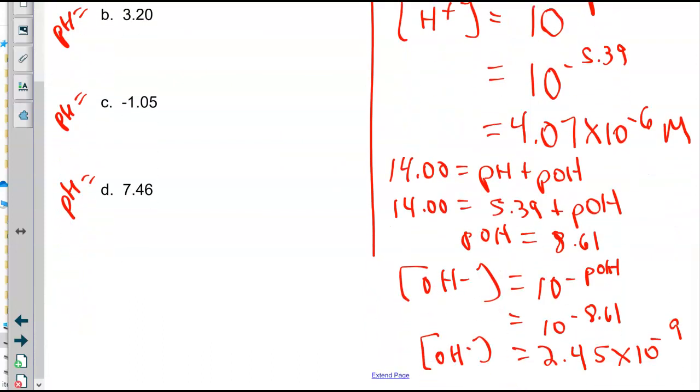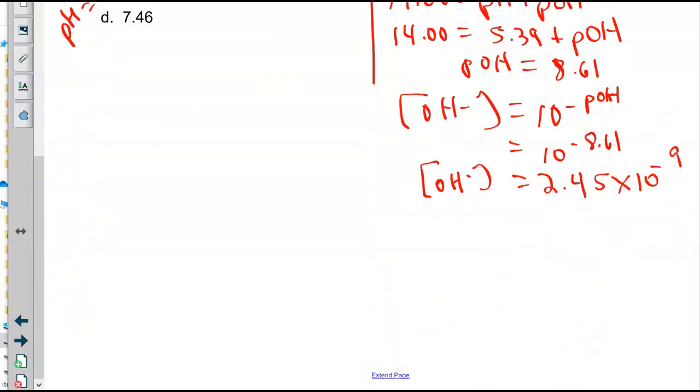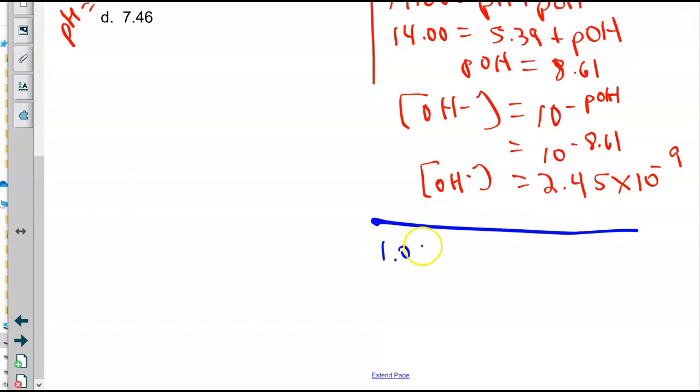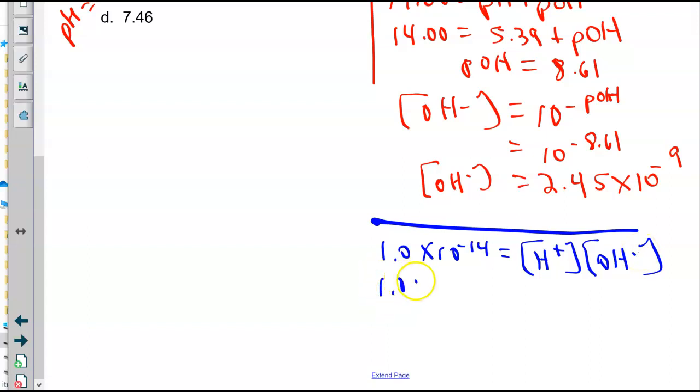Now another way that we could have done this, I'm going to change colors. Okay, another way we could have done this is we could have said 1.0 times 10 to the negative 14 equals H plus concentration times OH minus concentration. And you are going to do then 1.0 times 10 to the negative 14th.